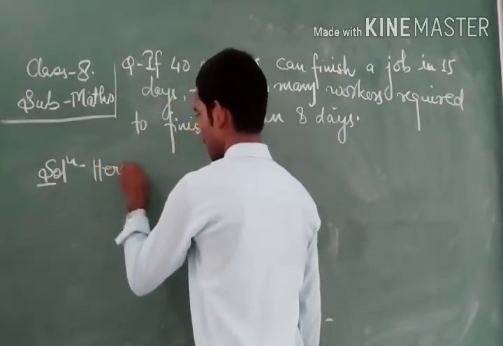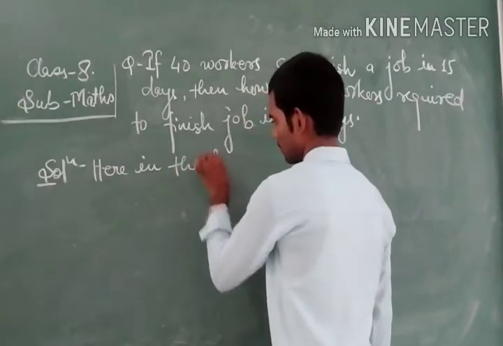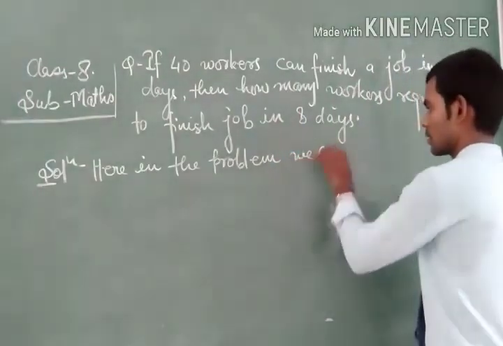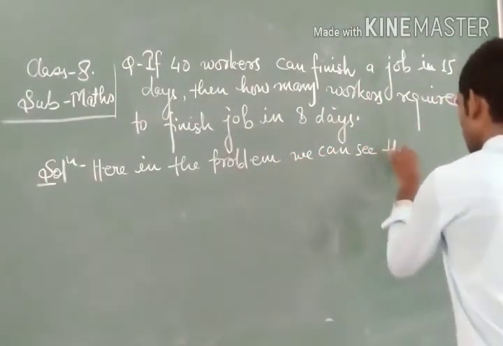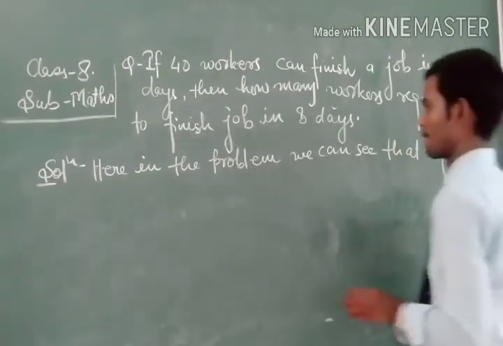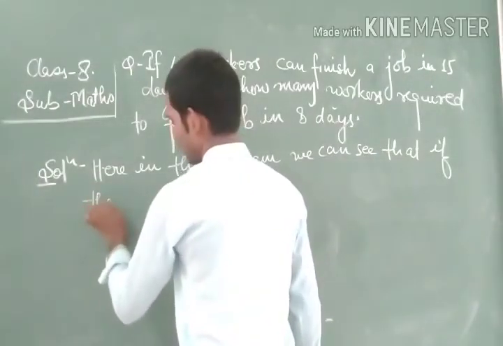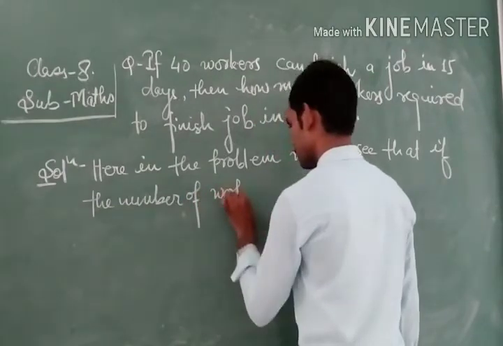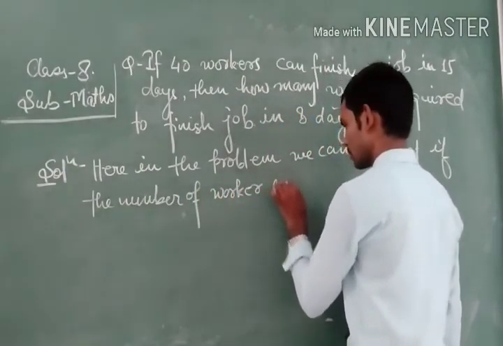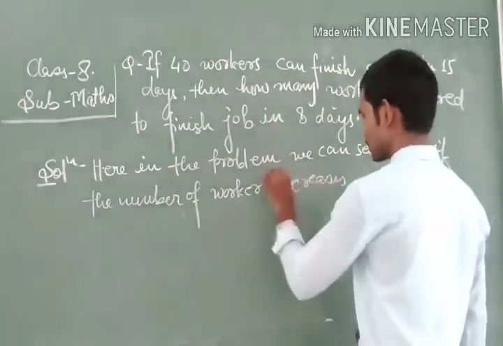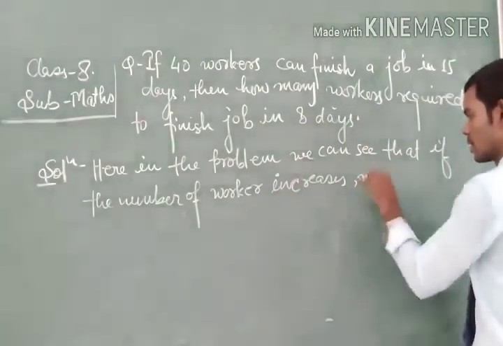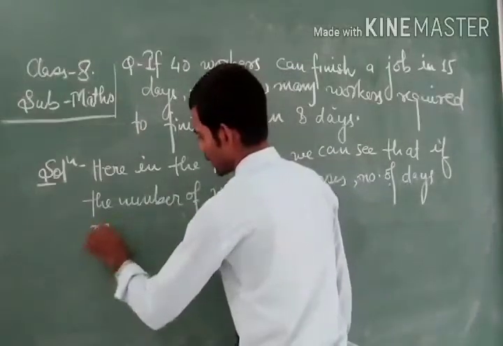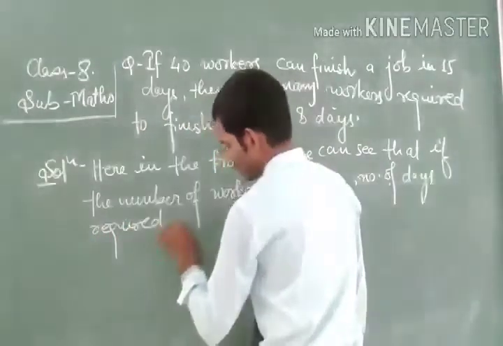Here in the problem, we can see that if the number of workers increases, the number of days required decreases.